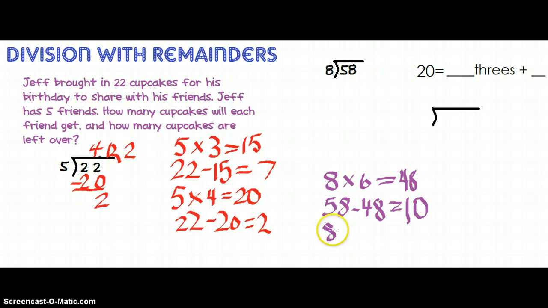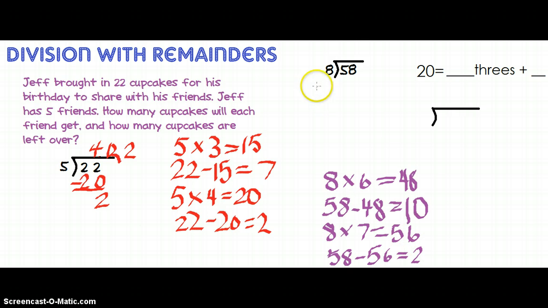So I can say 8 times 7 equals 56. And then I have to check my work. I have 58 total. And I'm subtracting the 56 I'm using. And I come up with an answer of 2.